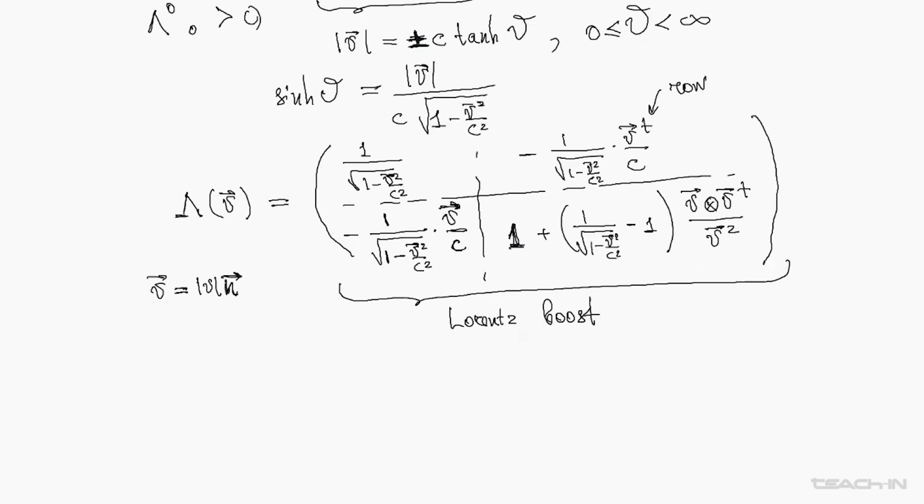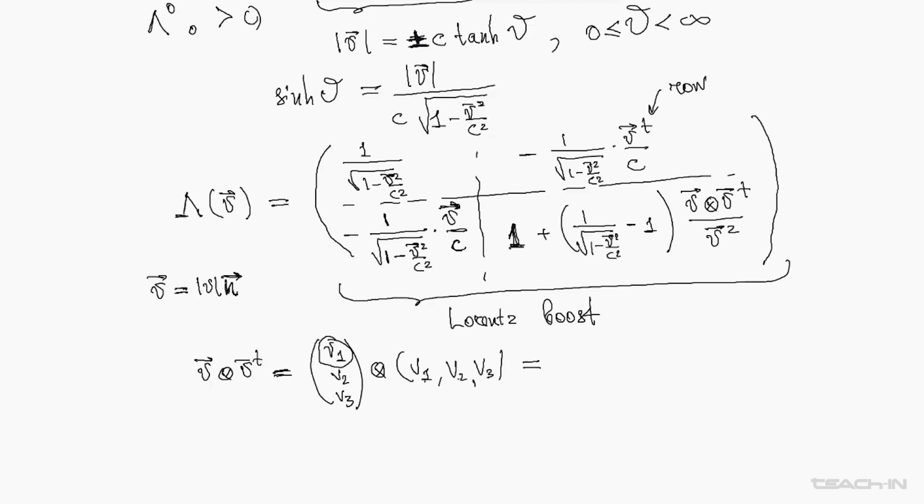The expression here, V multiplied by V transpose, should be understood in the following way. So we have column V1, V2, V3, and we multiply it in a tensor way by a row V1, V2, V3. The rule of tensor multiplication means that we take, say, component V1 and multiply it successively by V1, then by V2, and then by V3, and then we do the same with component V2, and then the same with component V3.